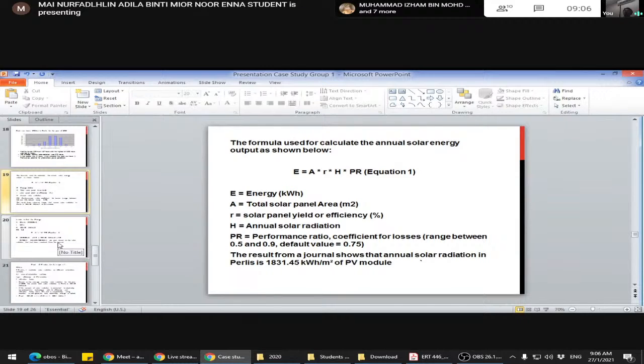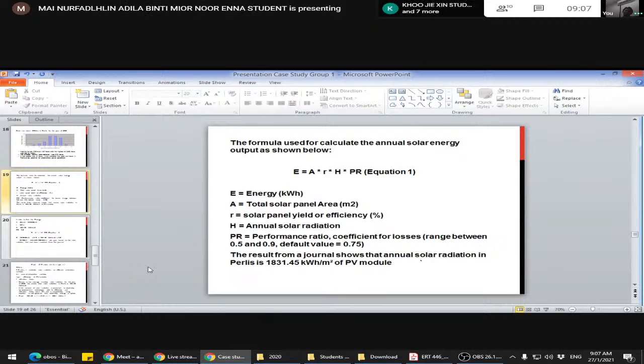Okay. Simple question. For the A, total solar panel area, that's the area of what? The area of the solar panel, the whole solar panel. Yes. Okay, how about the R? The R is efficiency. Efficiency of what? Of the modules in the solar panel.